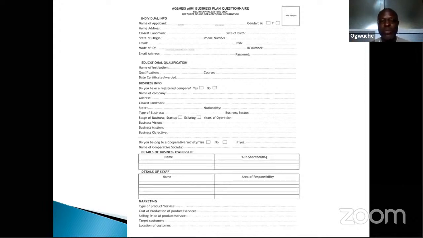The larger picture is to be the largest and most modern poultry farm in the FCT. Their mission is to use the best technological innovations and systems to be the largest poultry farm in the FCT.